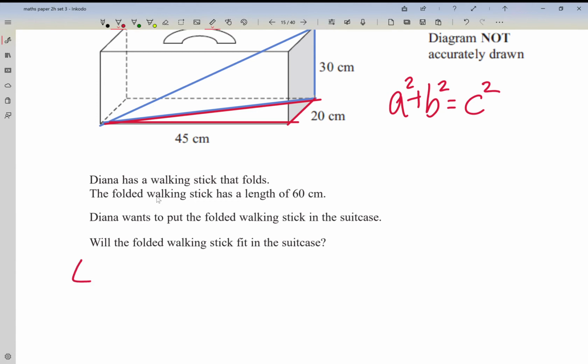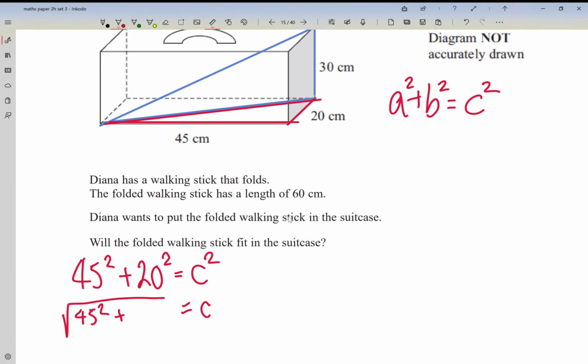So you'll be doing 45 squared plus 20 squared equals the hypotenuse squared, and then we'd work that out. If we want to do this slightly neater on our calculator, we can square root it all in one go, which saves you having to retype it out again. So I'm just going to do that now.